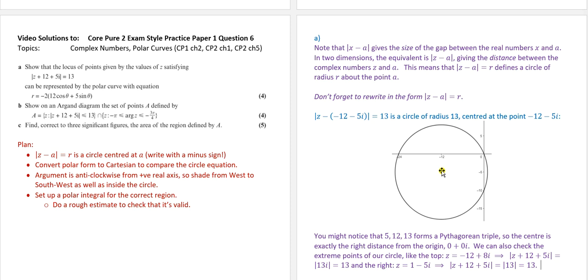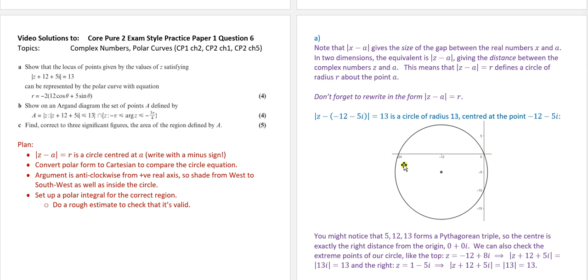So if the distance from the center to the edge is 13, that 5, 12, 13 triangle hopefully jumps out at you. They're not trying to give you a really obscure set of numbers here. They're giving you numbers that hopefully will mean something to you. You'll recognize the Pythagorean triple, and you'll know, therefore, that the origin forms part of this circle.